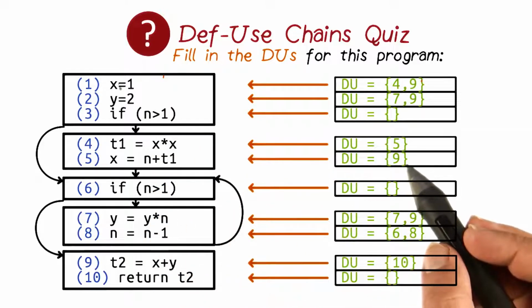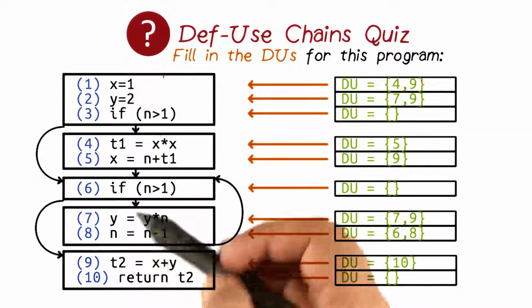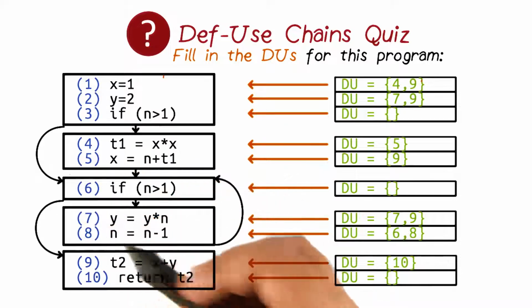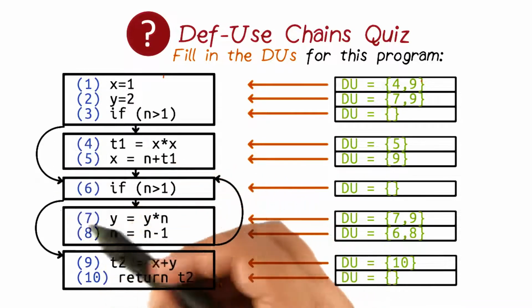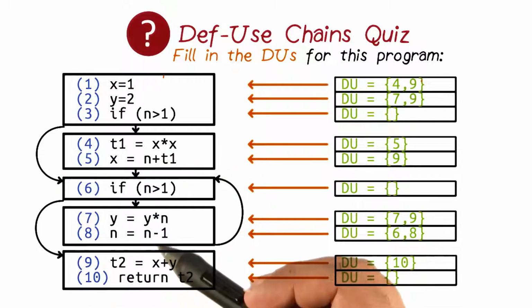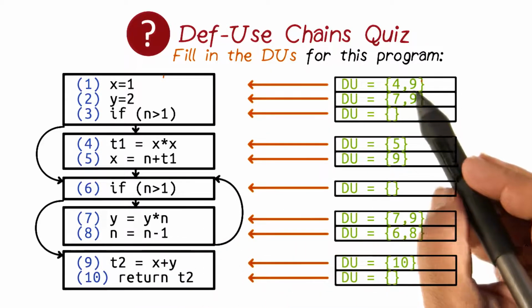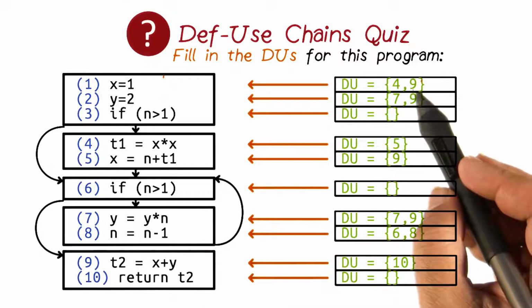So when do we say that there is a DU chain between one particular definition and its use? If the definition manages to reach that use along one path, then potentially that definition could be used by that use, and therefore we have the second use here as 9.